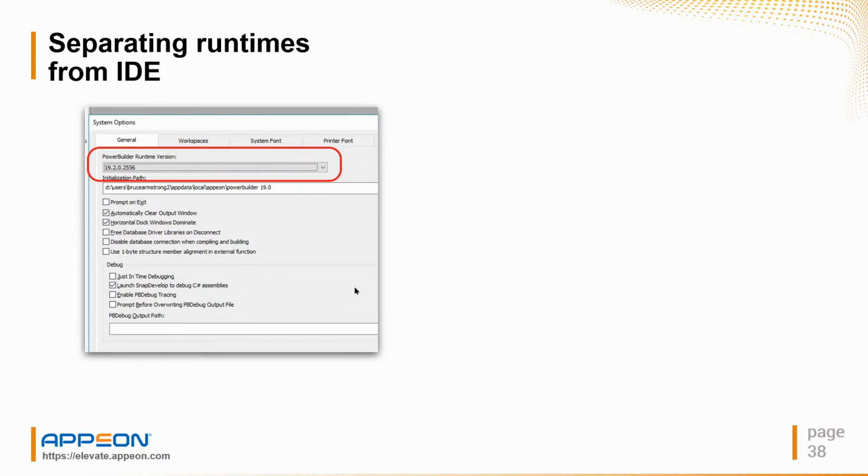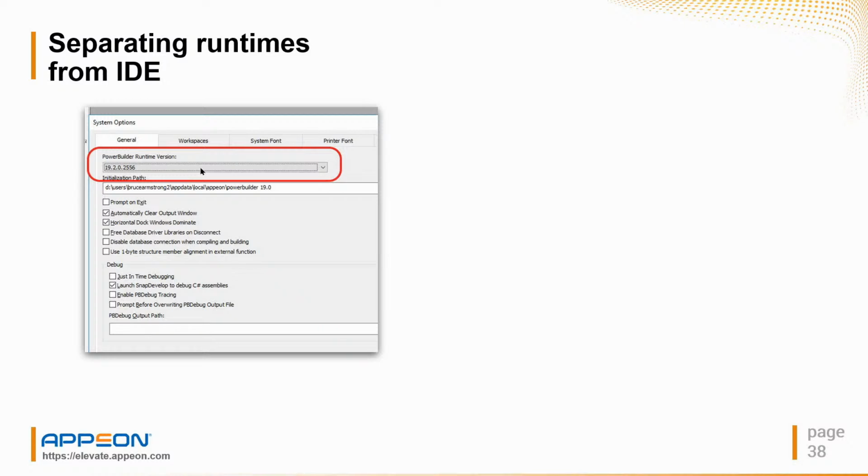So what you can do, this is in the system options of the PowerBuilder IDE, is you can specify what version of the runtime you are compiling for. So you might be on, let's say, 2020, and you might have some applications that are still running 2019 R3, in this case 2556, the actual build number. And you don't want to migrate them necessarily to 2020 yet, because you don't want to go back and do all that regression testing on them.